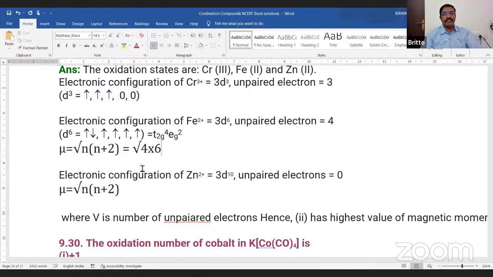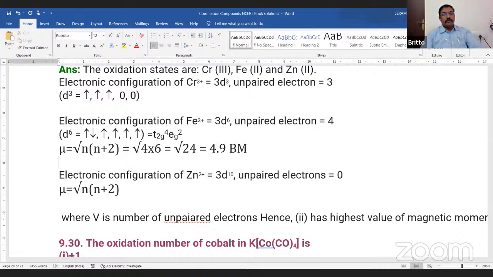So 4 into 6 gives 24, the square root of 24. What is the closest perfect square? 5 squared is 25, and 24 is very close to 25. So it is about 4.9 BM.